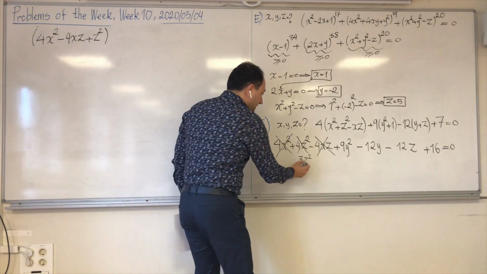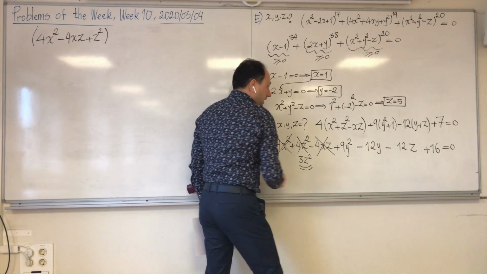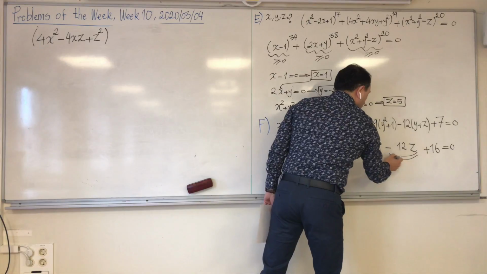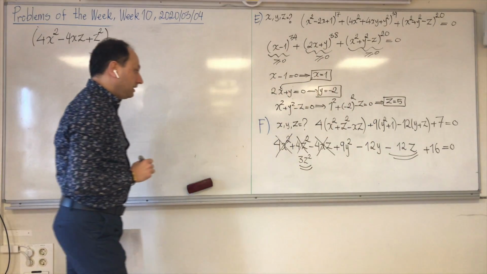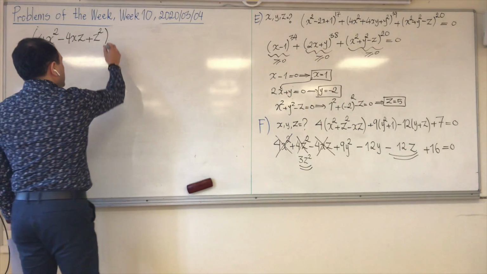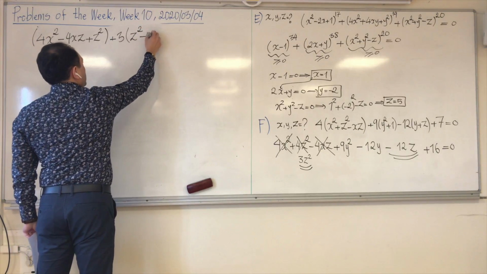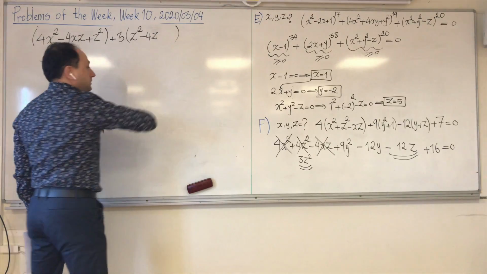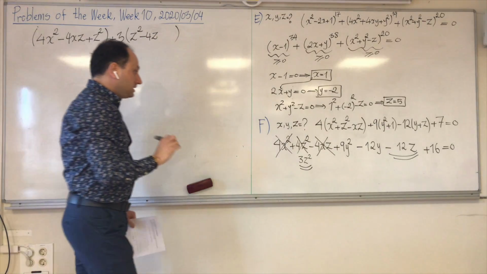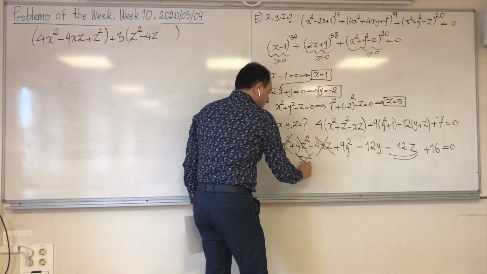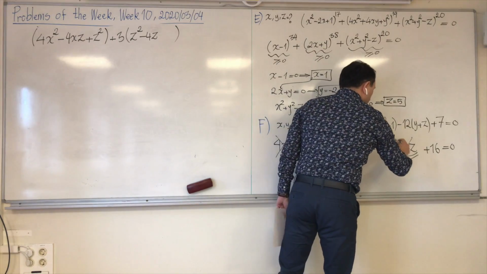But then this one and this one, I can take a 3 out. So then it becomes 3, I have z squared minus 4z. So let us put an empty space in front. So it means that I already used everything here, and I also used everything here.